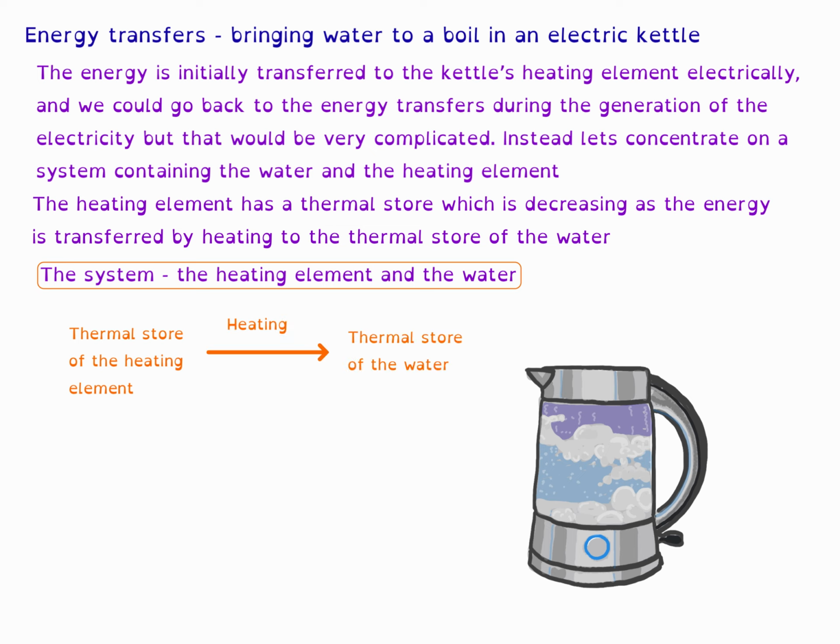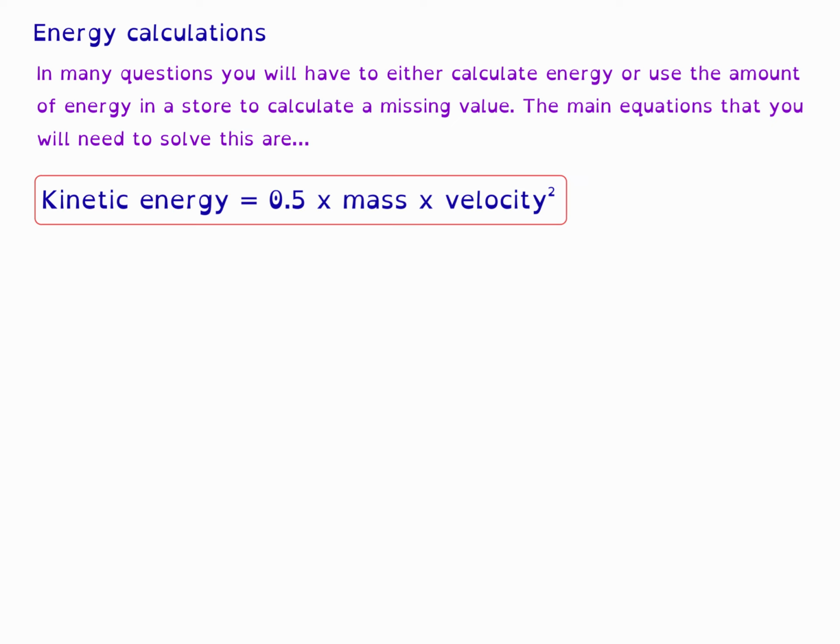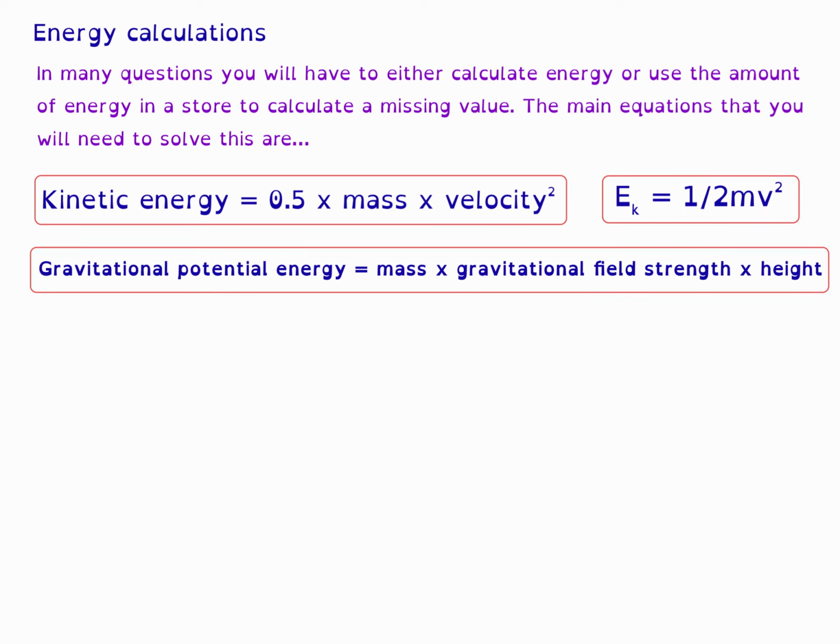In many of the questions on energy, you will have to either calculate the energy or use the amount of energy in a store to calculate a missing value. The main equations that you will need to solve these are kinetic energy equals 0.5 times mass times the velocity squared, or EK equals a half mv squared. Gravitational potential energy equals mass times gravitational field strength times the height, or EP equals mgh.